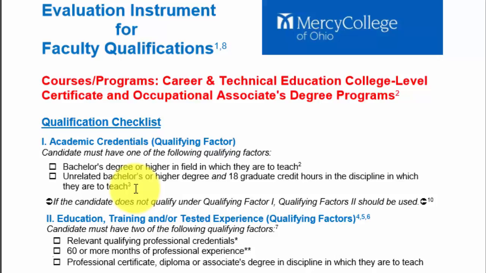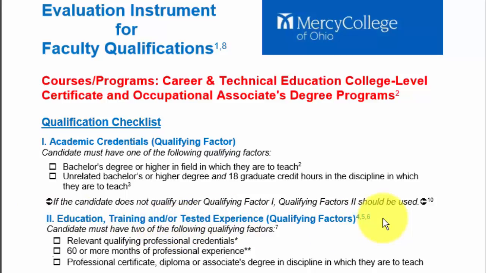But what if you don't? Oh no, I don't. My bachelor's degree is in medieval history, and I'm doing medical imaging or rad tech. Can I still teach? Well, yes. The Higher Learning Commission does say that you can still teach if you haven't met qualifying factor 1. If the candidate does not qualify under qualifying factor 1, qualifying factor 2 should be used. And here we have education, training, and/or tested experience.